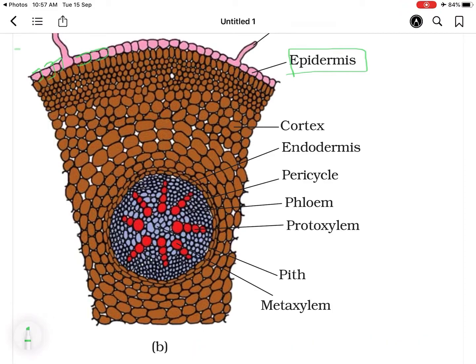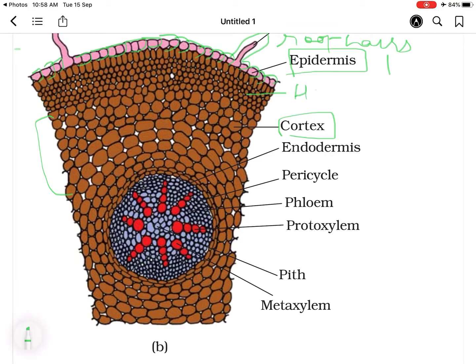So all the pink colored layer is showing the epidermal cells, and along with it these root hairs are also present. So the first point will include root hairs as well as epidermis. These are root hairs. Then followed by cortex. Cortex is several layered. Here hypodermis is present.